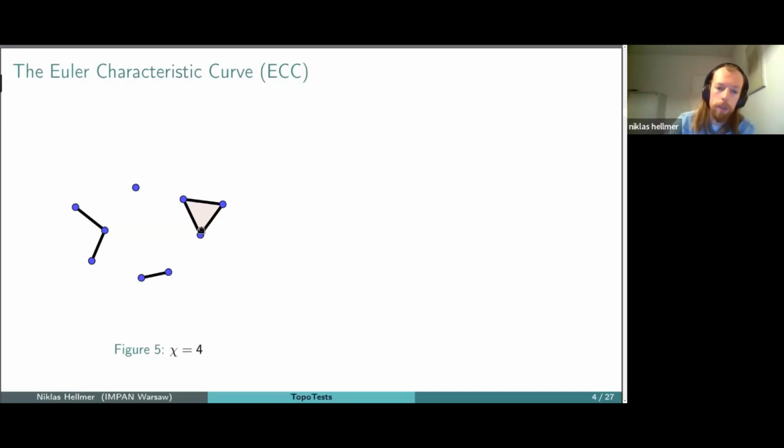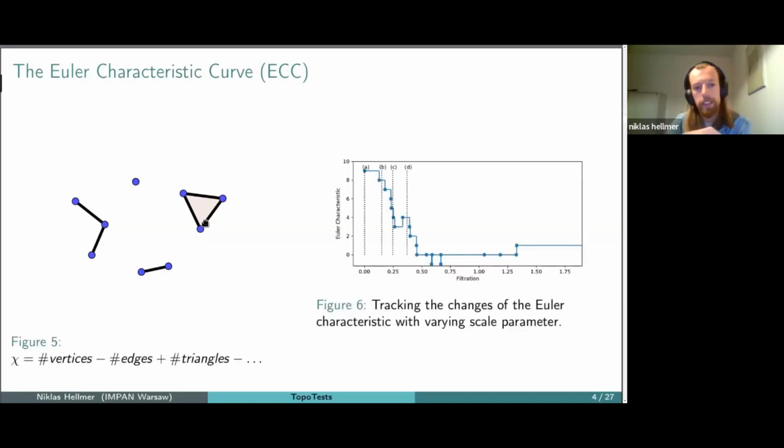So what we do is we fill in the triangle and we add the number of triangles again. Okay. And this is what the Euler characteristic is. So the Euler characteristic of some simplicial complex is just the alternating sum of the number of vertices, edges, triangles, and so on, higher dimensional simplices.